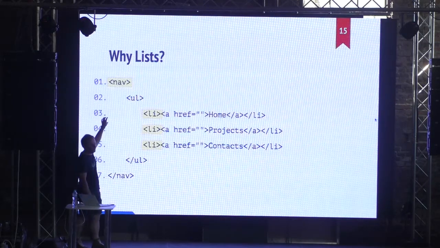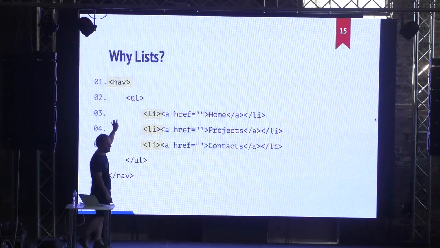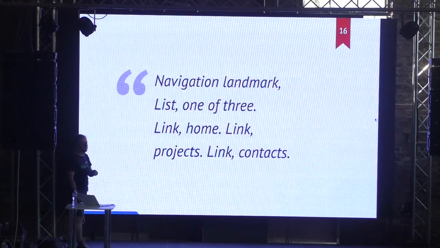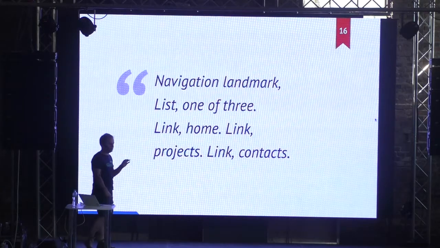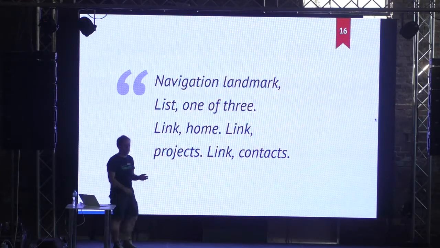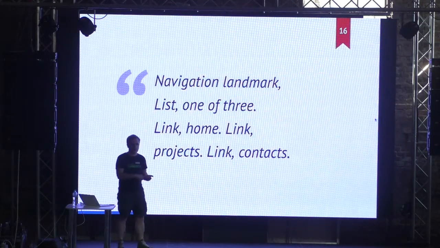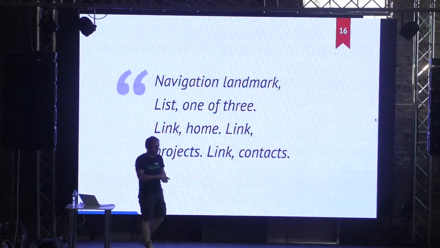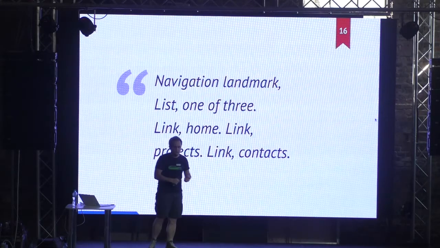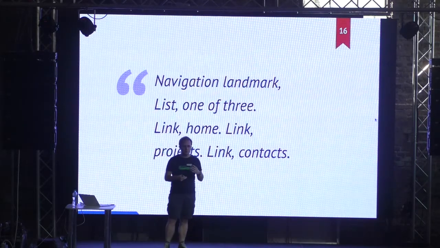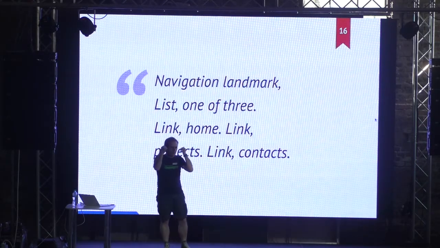Once you're focused on the navigation element, the screen reader will read aloud: navigation landmark, list, 1 of 3. This is the first thing that it will say. It's a navigation, and there is a list of 3 items. And by using this information, you can understand if it's a tag cloud, or if it's just a navigation, or you will have some idea in your mind.